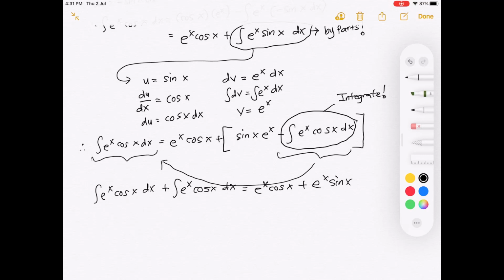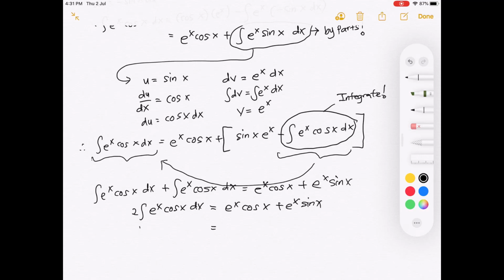So the integration here plus another integration, which is the same thing, I will have 2 times the integration of e^x cos x dx, which is e^x cos x plus e^x sin x.